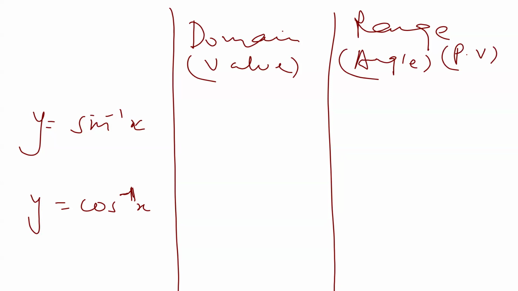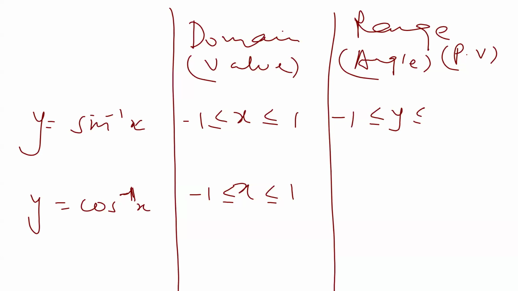The domain, that is the value of the trigonometric function x, will lie between minus 1 and 1. And the range for sine inverse will be between minus pi by 2 to pi by 2, and for cos inverse, it will be 0 to pi. So this is the domain and range for sine and cos.